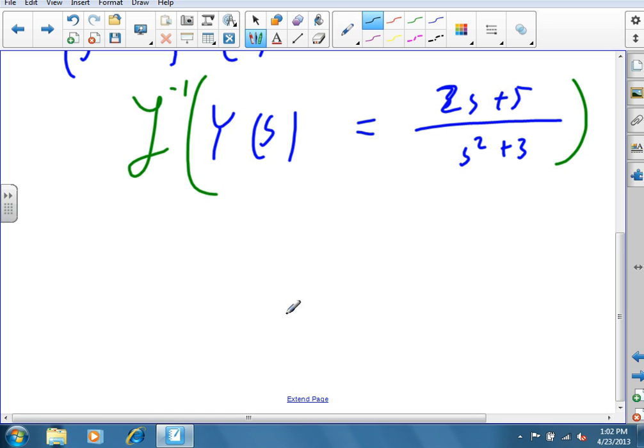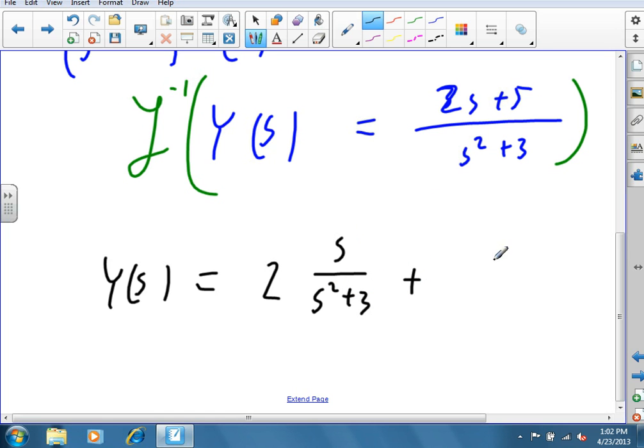Not really. So we're going to have to rewrite this and say y of s is equal to 2 times s over s squared plus 3, plus, if 3 is k squared, then I need a square root of 3 on top.